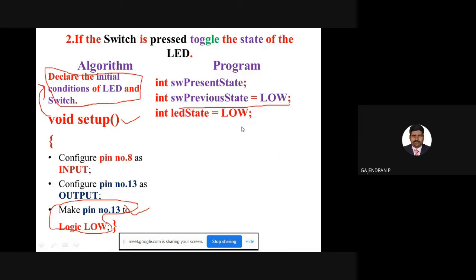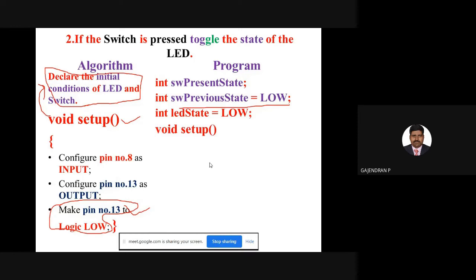We are going to use these declarations in our program. Please remember the initial state we declared: the previous state of the switch as well as the LED state is equal to low.